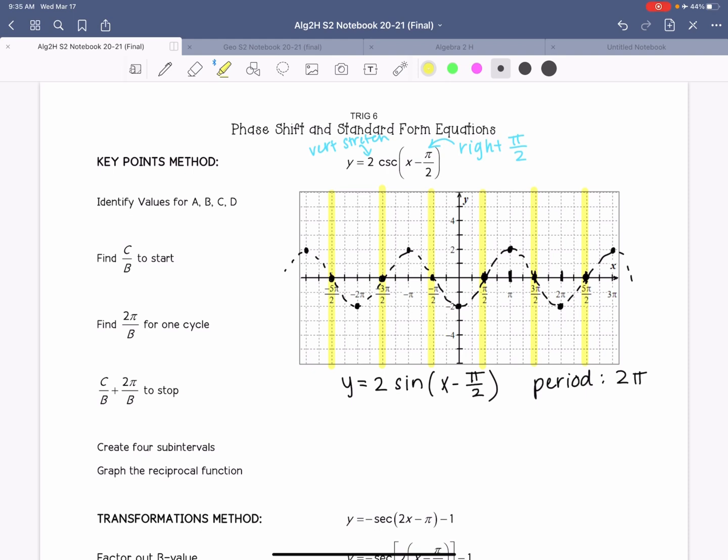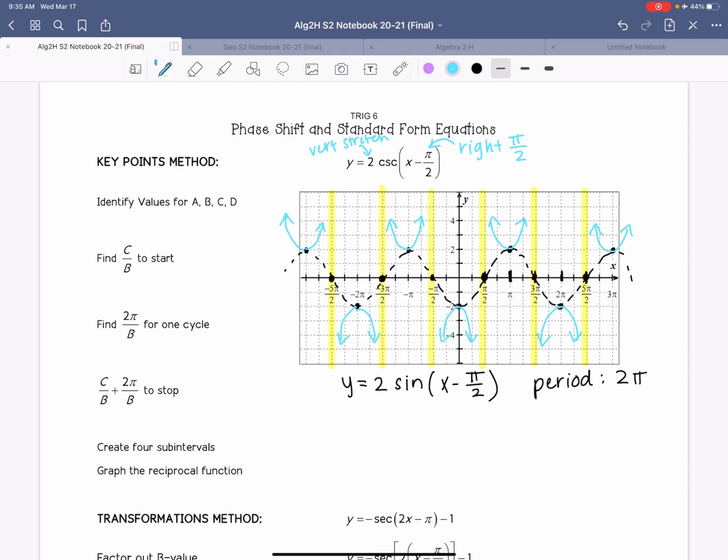Okay, and then tops of the hills, bottoms of the valleys, little baby parabolas. And that's what this graph would look like.